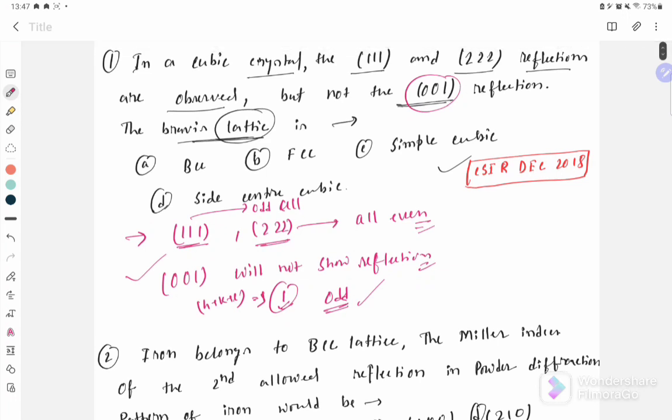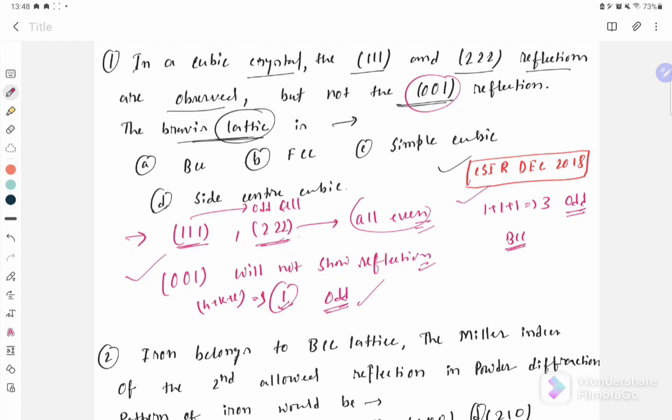But what are the planes that show the reflection? That is 111. 111 means 1 plus 1 plus 1, that is 3, that is odd. But this plane will also show the reflection. So this lattice cannot be BCC, because h plus k plus l should be even.